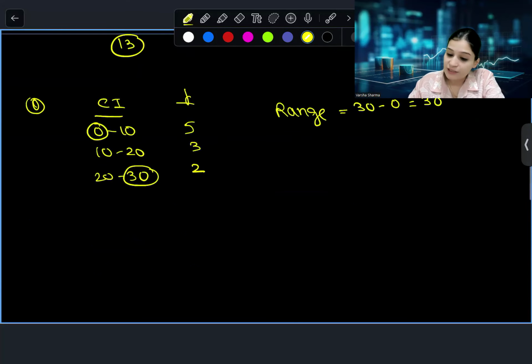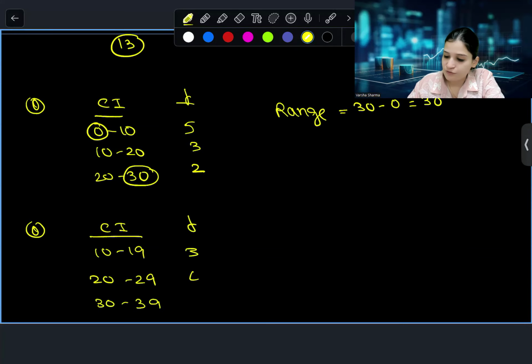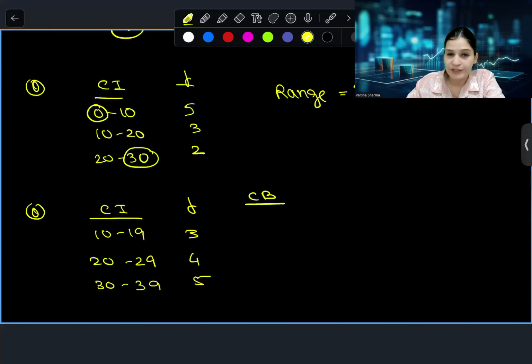But if the data is not exclusive, if I tell you it is 10 to 19, 20 to 29, 30 to 39, and the frequency is 3, 4, 5, then we need to first find the class boundary. We need to make it exclusive. Right now it's inclusive. Here the difference is 1 unit. We divide it, 0.5, 0.5. All the upper limits increase by 0.5 and all the lower limits decrease by 0.5.